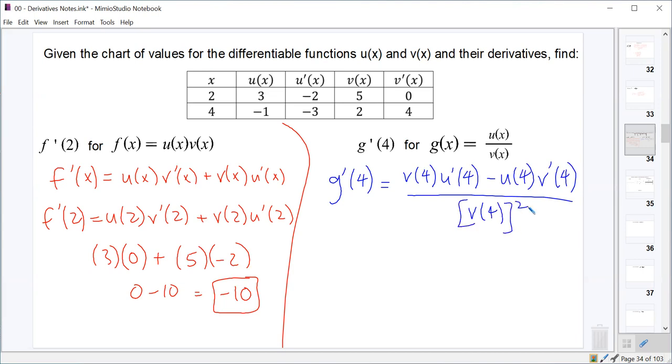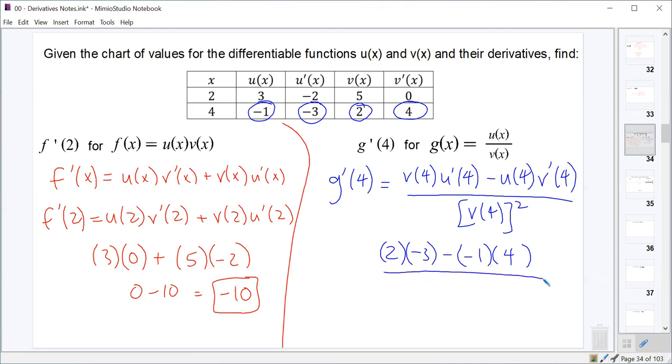squared. And v of 4, if you look at your chart, v of 4 is 2. So we've got 2. And u prime of 4 is negative 3. We've got u of 4, which is negative 1. And we've got v prime of 4, which is 4.